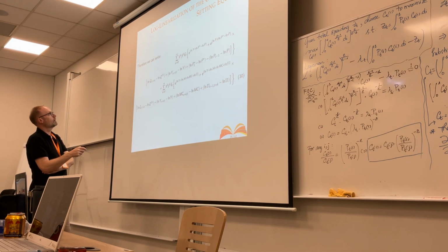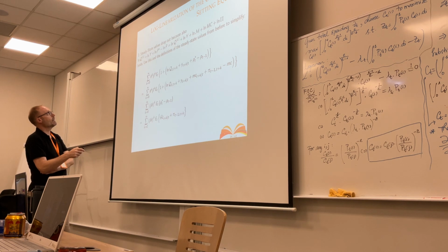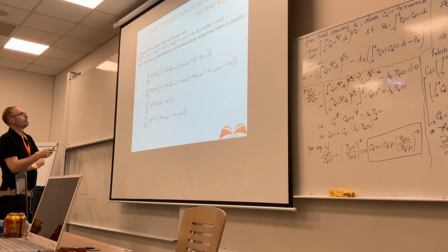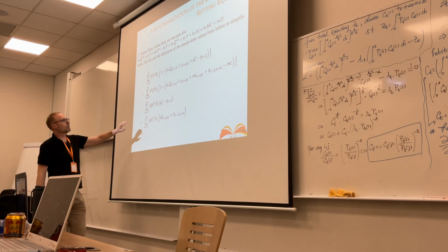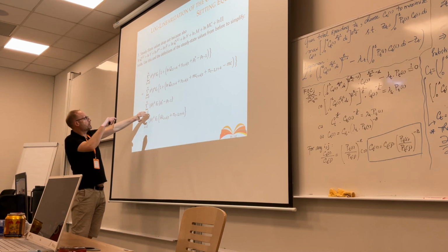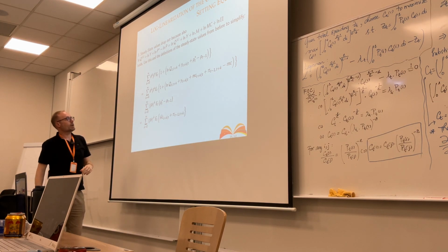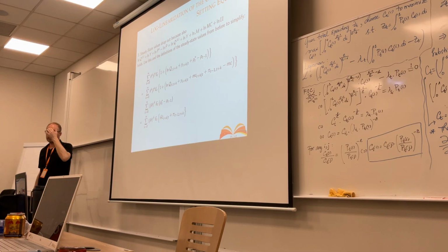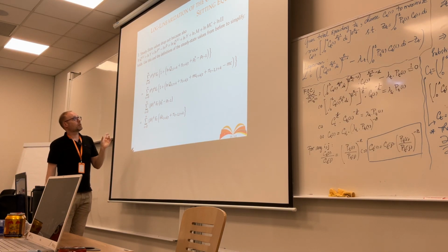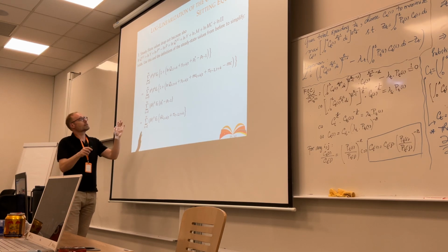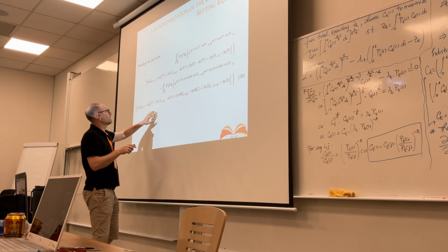Then we do the separation here. Then we do the standard approximation. We have that e to the x is approximately the same as 1 plus x for a small x.